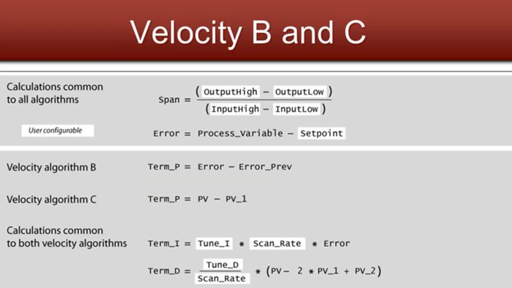Now this will become really important and very significant when we get into the advanced topics webinar, because you want to be able to see the set point change when you're working with cascaded PID loops. We're not going to talk any more about that. I'll put it out there as a teaser for the next webinar. But I do want to point out that with the type B, you're going to see set point changes.